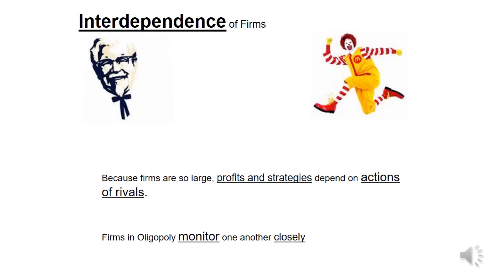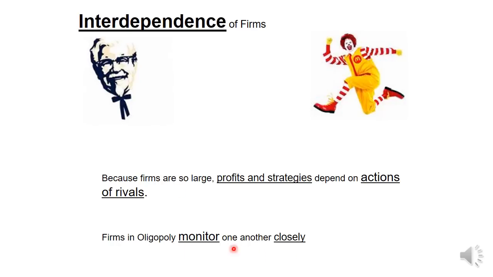Now, interdependence of firms is a characteristic that's unique to oligopoly. Because the firms are so large, whatever they choose to do or not do can affect themselves and their competitors directly. So they are constantly on the lookout for one another.